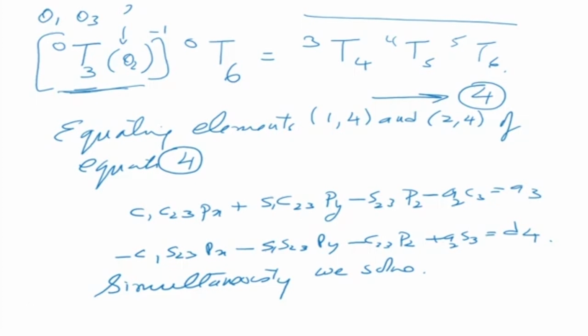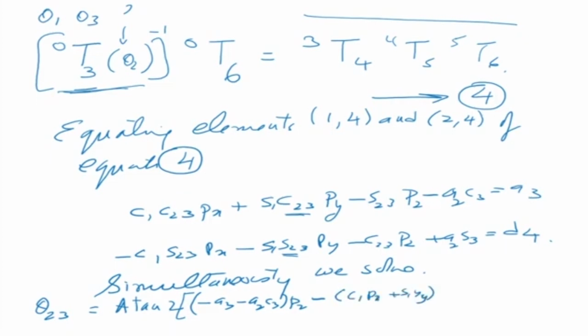So you see we are getting cos 2,3 here. So here also it is sine 2,3. So what we are getting is theta 2,3 is equal to atan2, which is given as minus A3 minus A2C3 Pz minus C1 Px plus S1 Py, and this is D4 minus A2 S3.